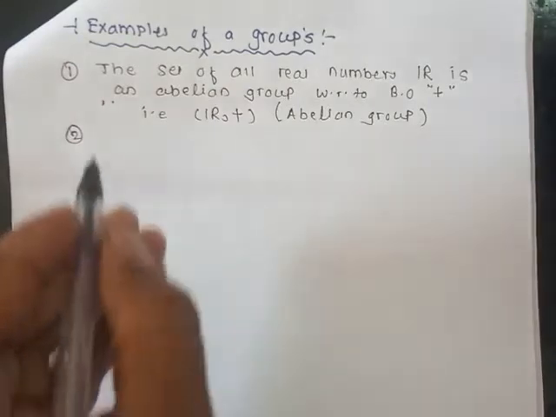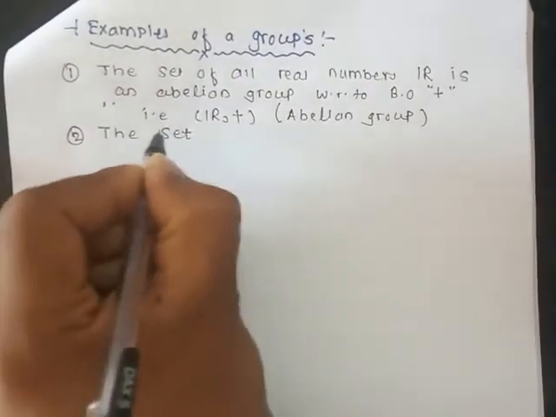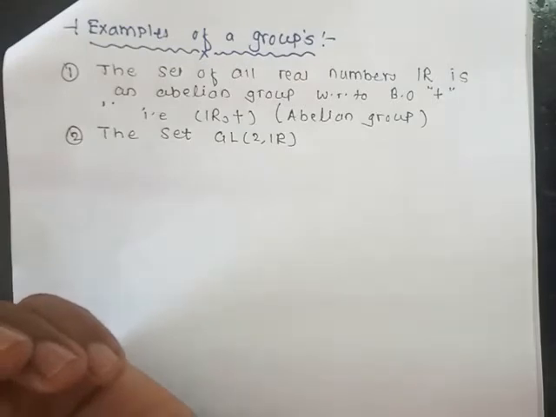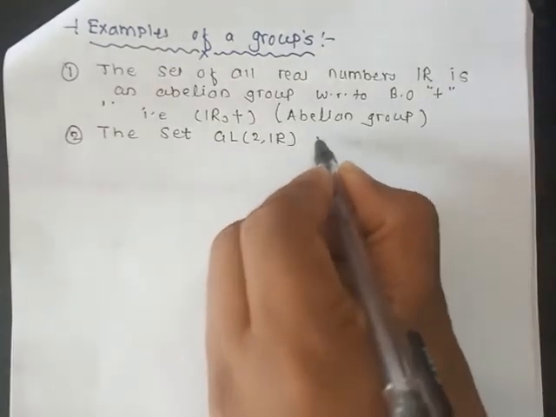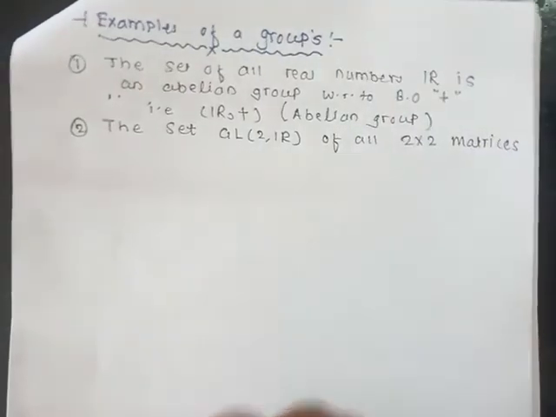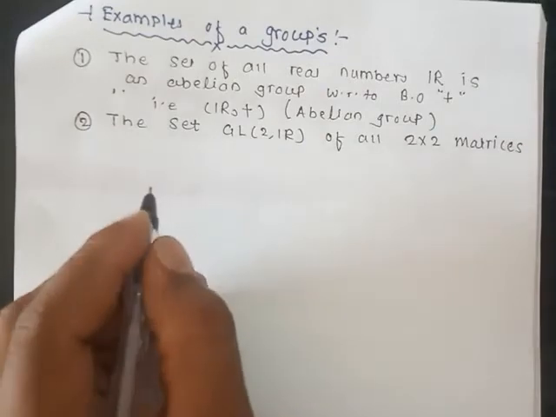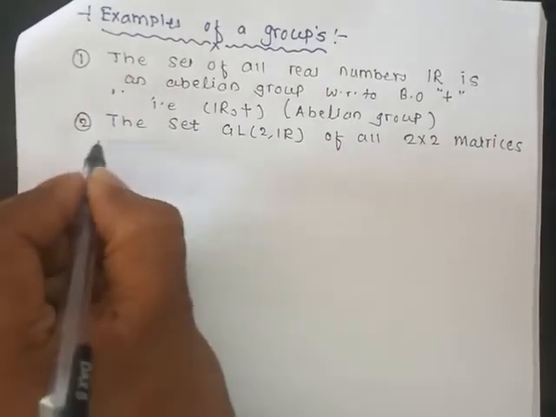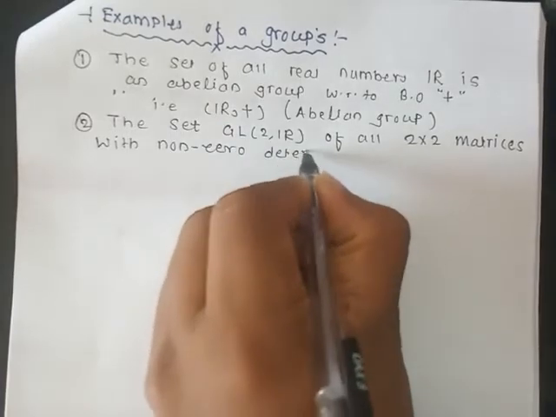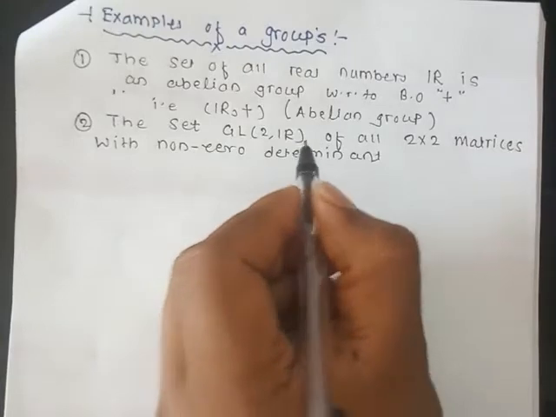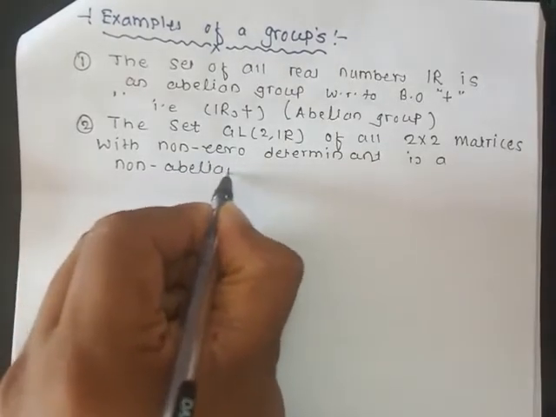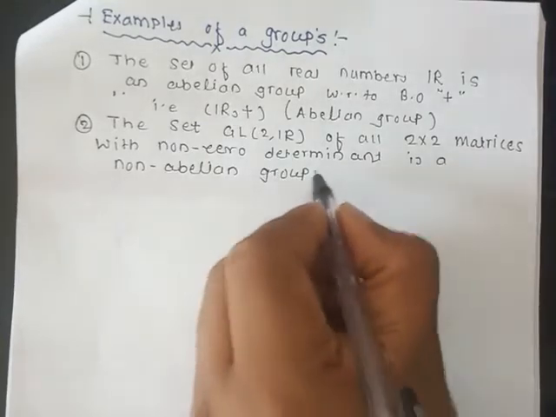Now next example, the set GL2R, the set of all 2 by 2 matrices with real entries and non-zero determinant, is a non-abelian group with respect to matrix multiplication.